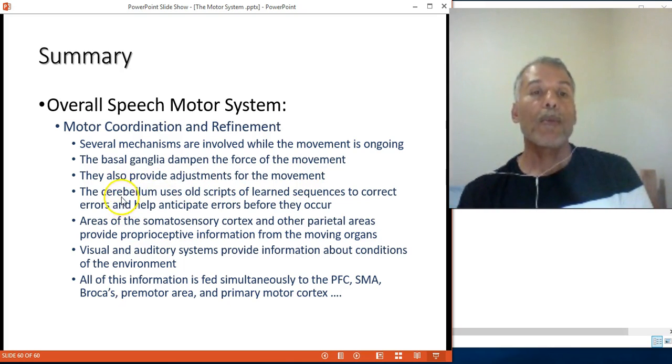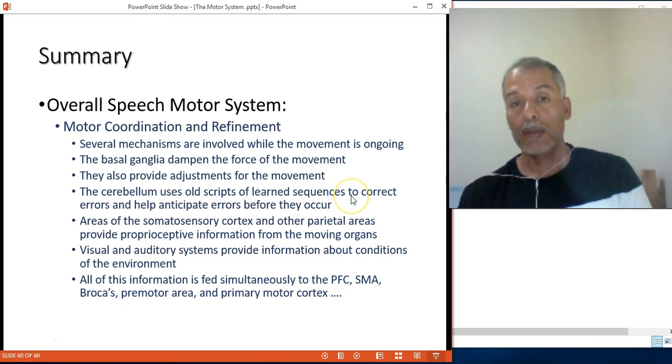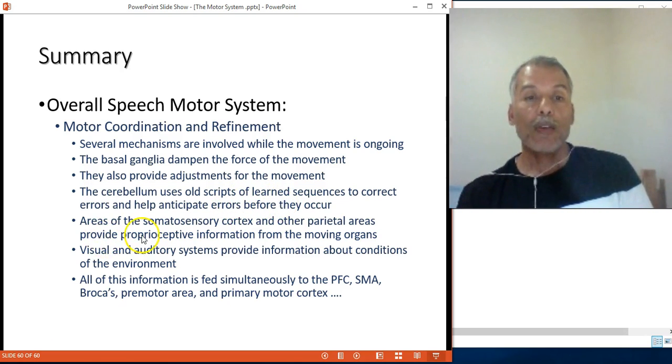The cerebellum uses old scripts of learned sequences of things that you have learned before to correct errors and to help anticipate errors before they occur, to prevent them.